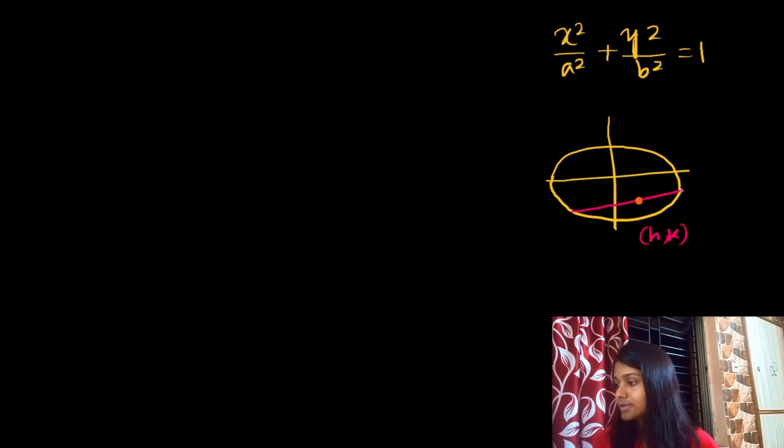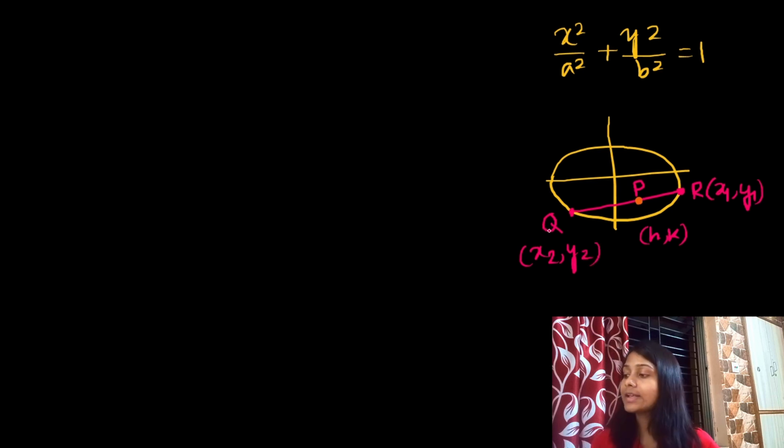Let me first name these points. This point is P, this point suppose is Q, and this one is R. So P is the midpoint of QR. Suppose R has coordinates (x1, y1) and Q has coordinates (x2, y2).